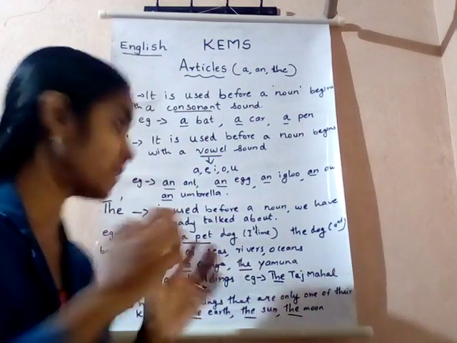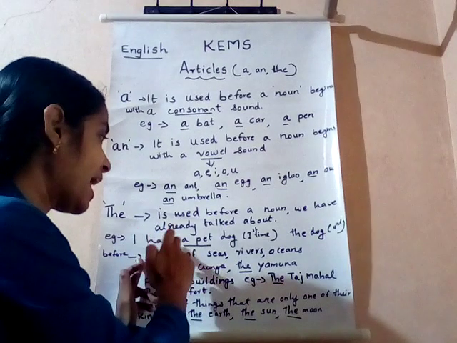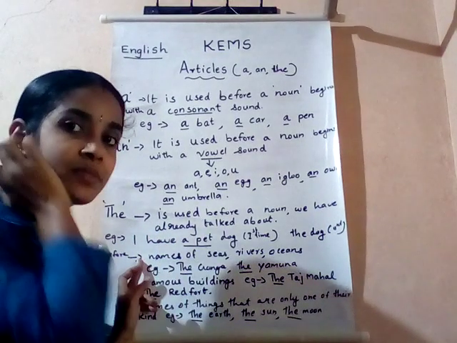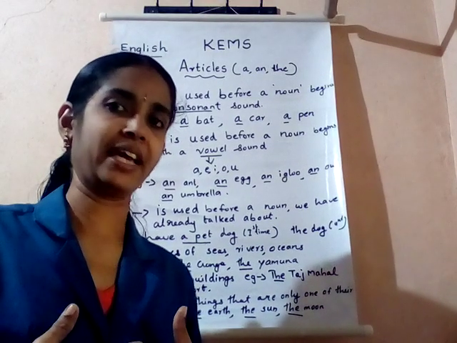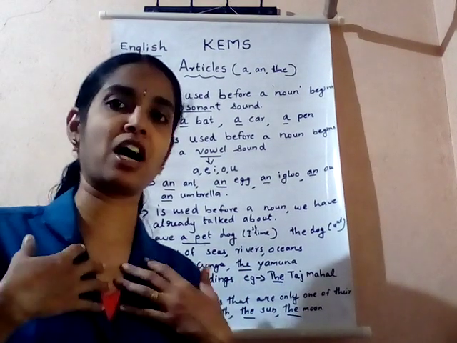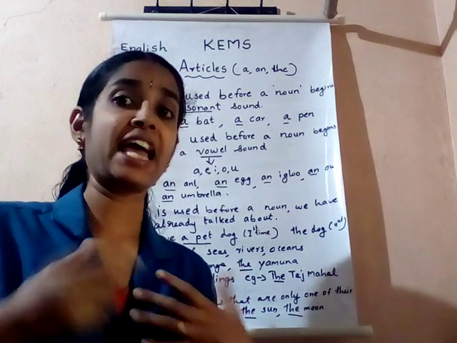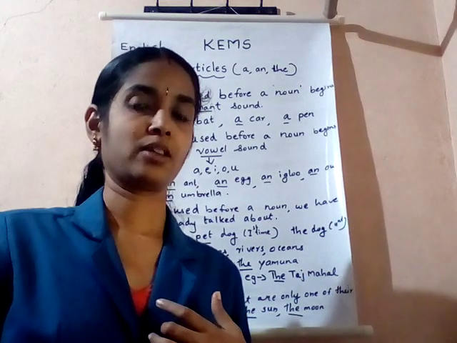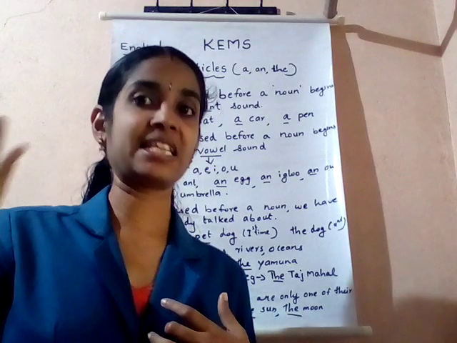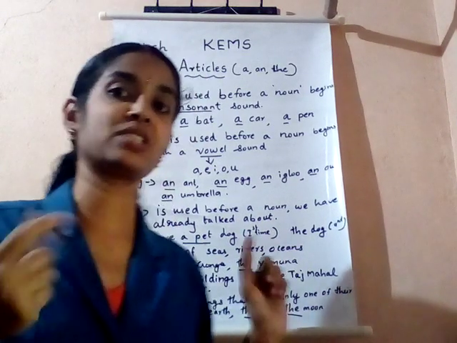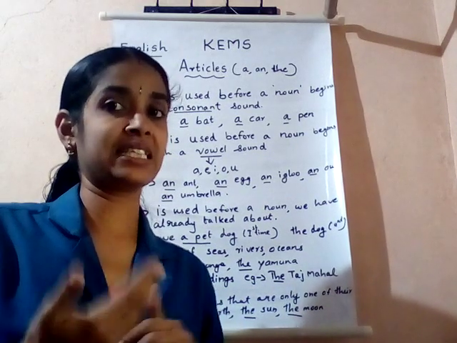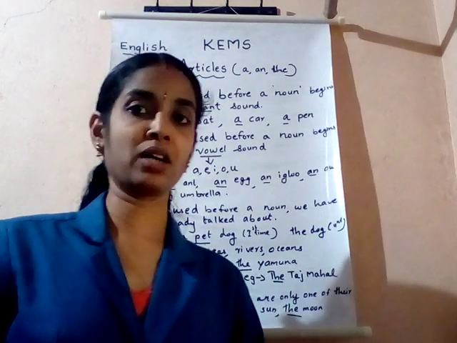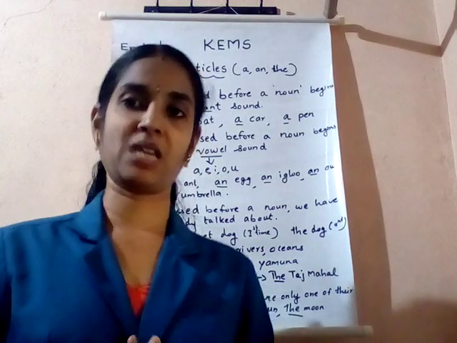So let's check one example. I have a pet dog. The first time I said, I have a pet dog. So pet, P, that is a consonant sound, so we have to use "a." But the second time I said, the dog plays with me.